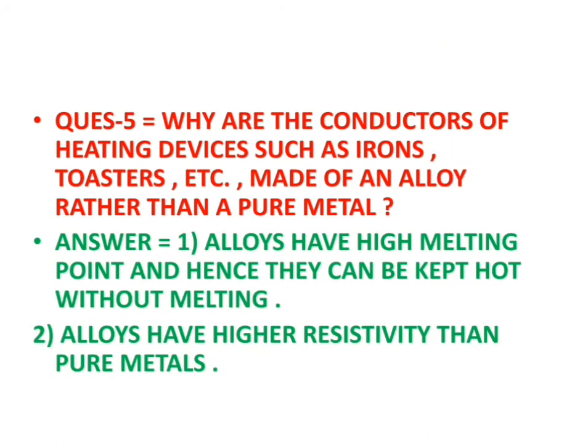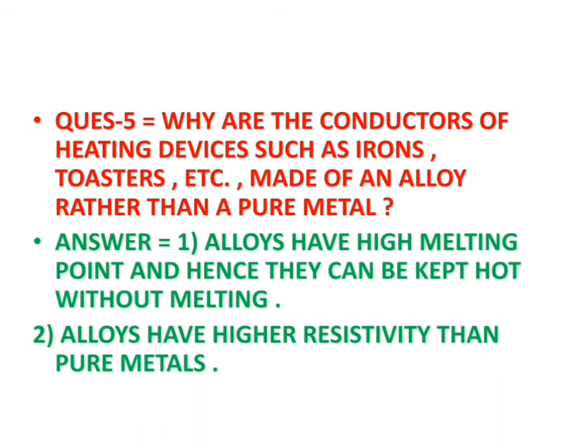The next question is, why are the conductors of heating devices such as irons, toasters, etc. made of an alloy rather than a pure metal? The question is about heating devices, like our iron with which we press our clothes, and bread toasters. Why are they made of an alloy rather than a pure metal?